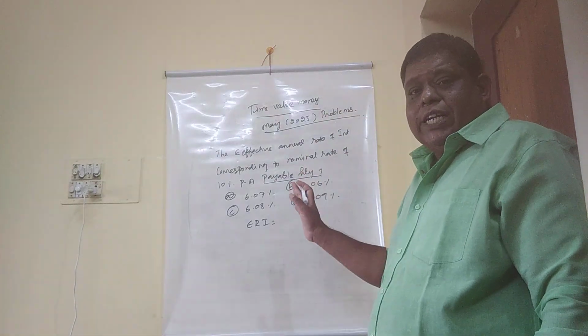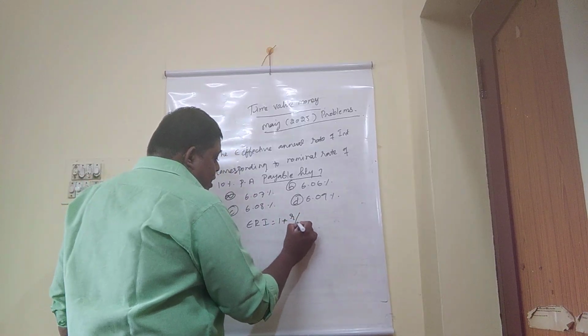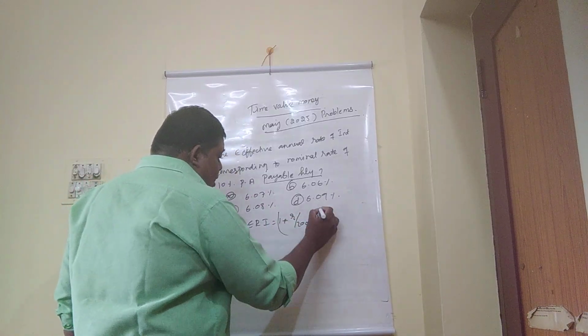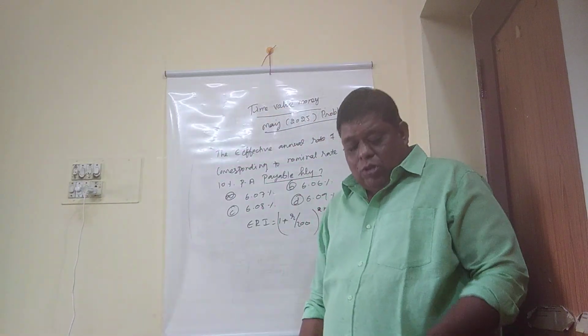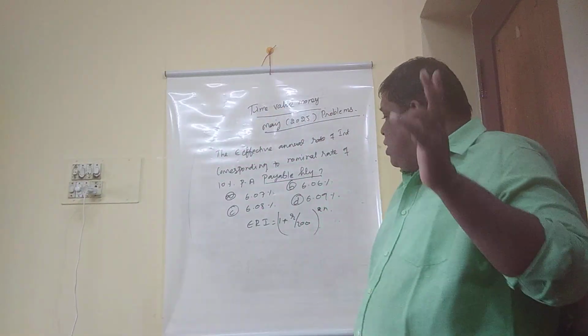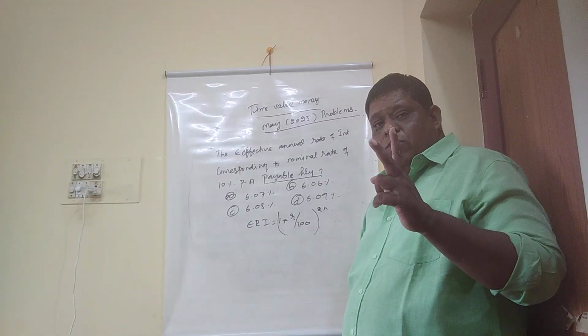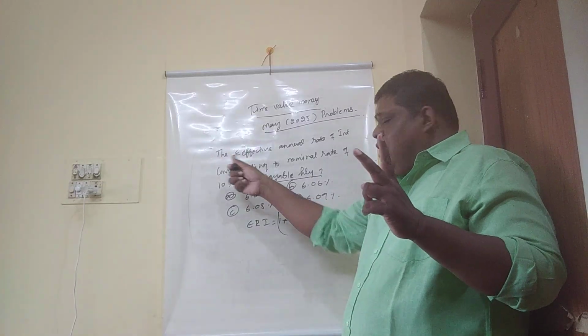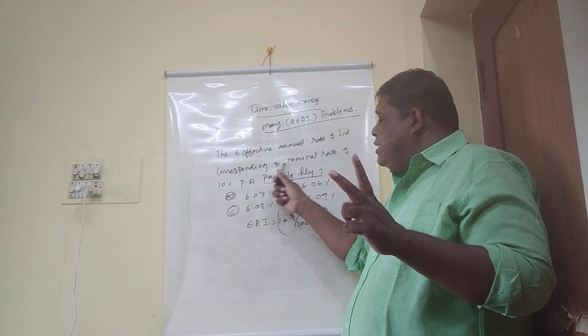The half-yearly formula is 1 plus R divided by 200, whole to the power 2n. One year has how many halves? Two halves. In the given question the number of years is not mentioned.